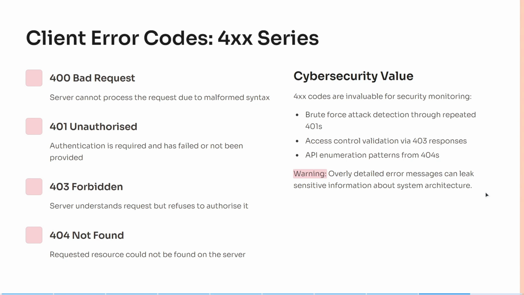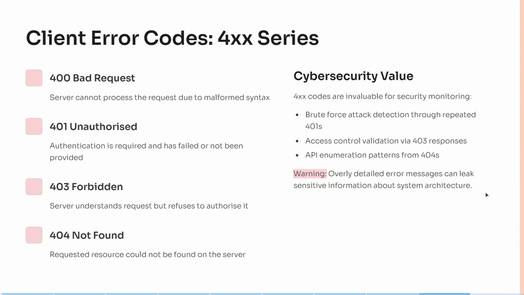Now let's talk about cybersecurity values. 4xx codes are invaluable for security monitoring. Brute force attack detection through repeated 401s. For example, if your site is suddenly getting HTTP response code 401, a lot of 401s, you can tell that your site is getting attacked using a brute force method. Access control validation via 403 responses.